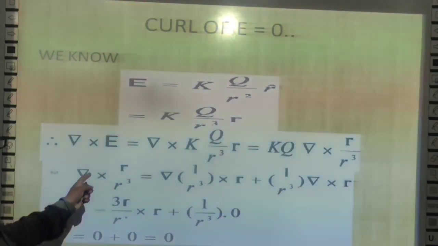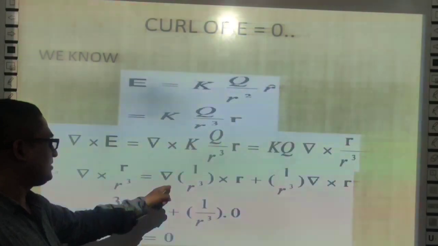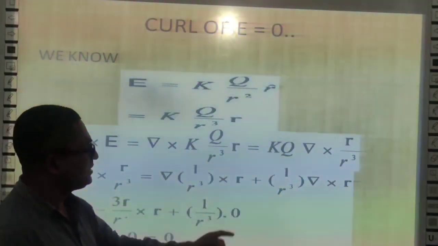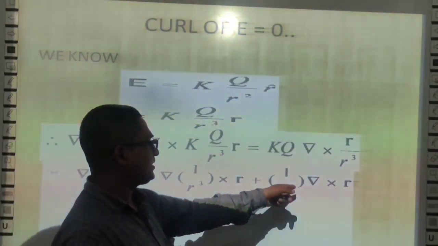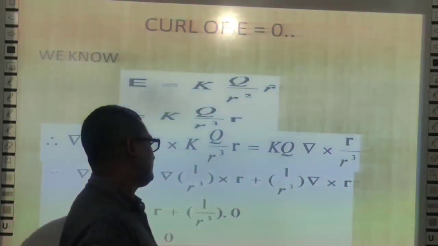But from a vector identity, this curl of r by r cubed can be put like this: gradient of 1 by r cubed cross r, plus 1 by r cubed times the curl of r.